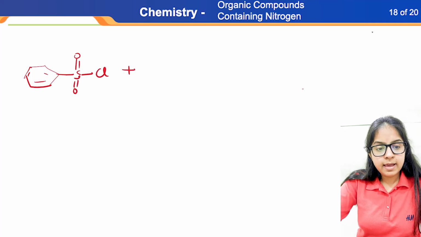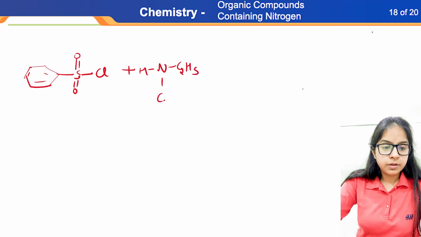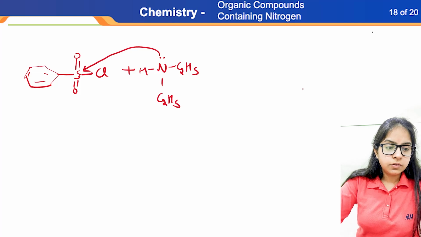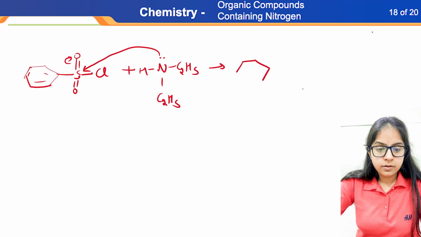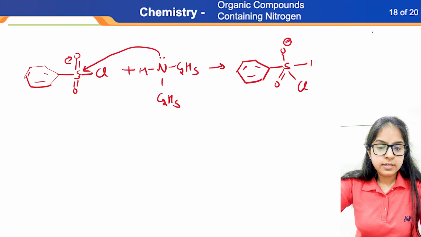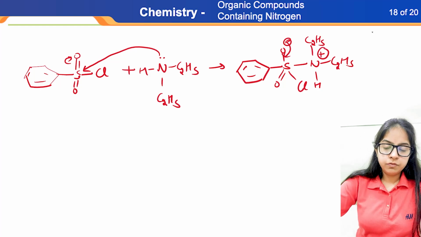Secondary amine NHC2H5 C2H5. Okay, again the reaction like this: nucleophile is going to attack on the electrophile. Now the next one is oxygen negative, Cl NH C2H5 C2H5. Here the positive charge is because of the formation of 4 bonds.